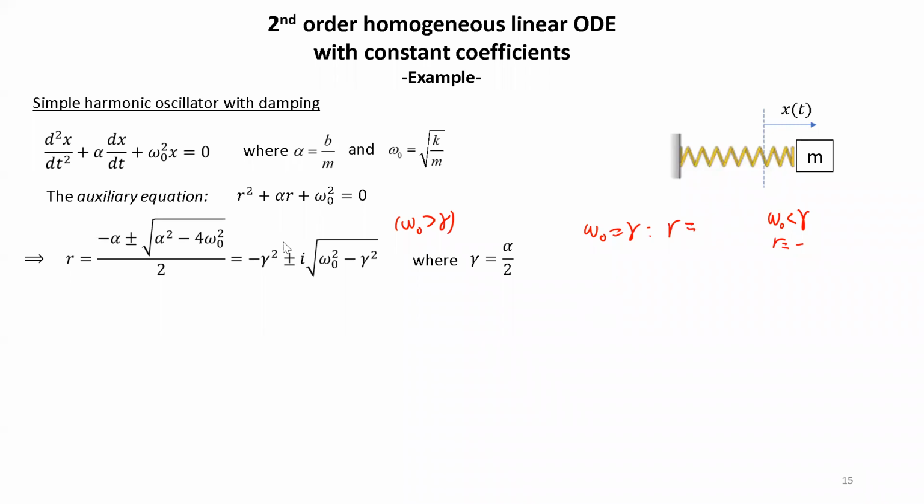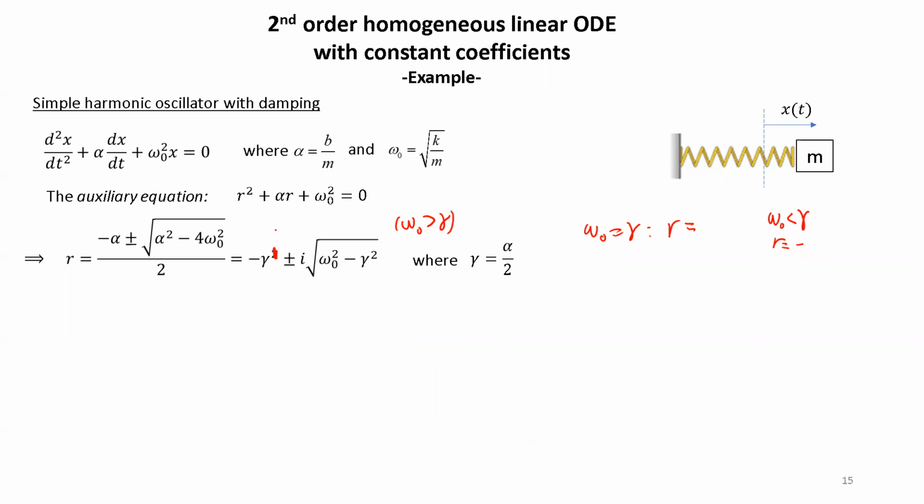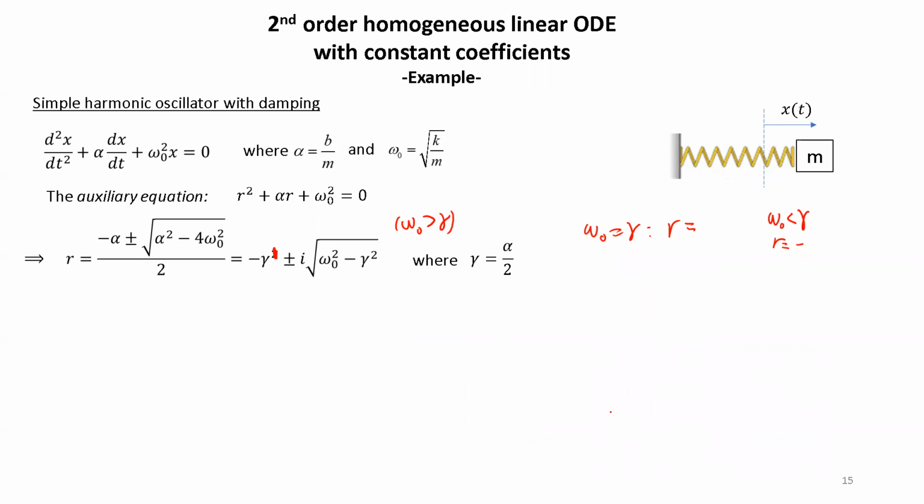Sorry, this is a typo. There is no square here. So the second case is that R is just minus gamma. And finally, the last case is that R is minus gamma plus or minus the square root of gamma square minus omega naught square.